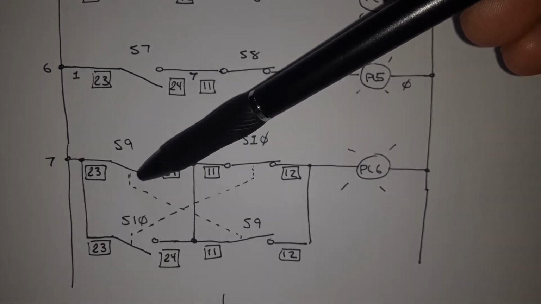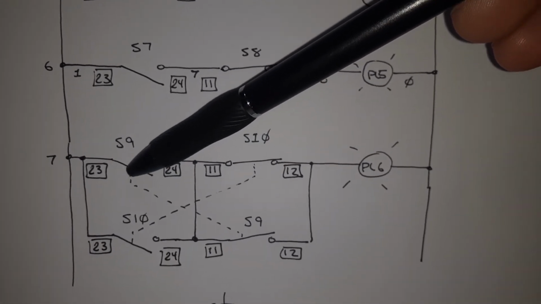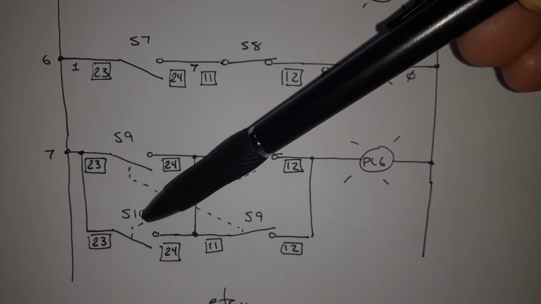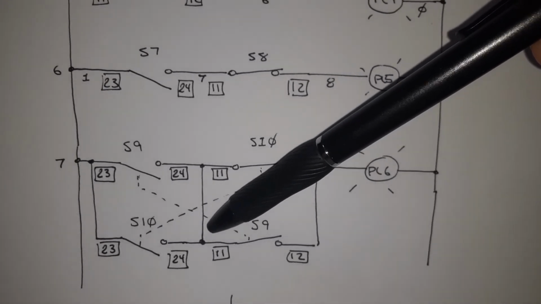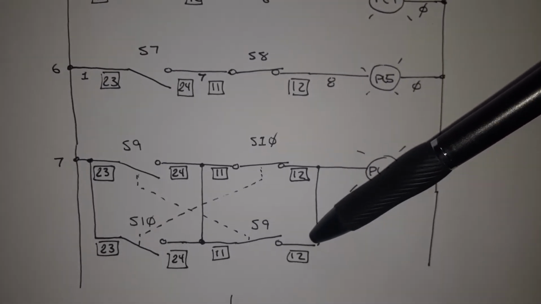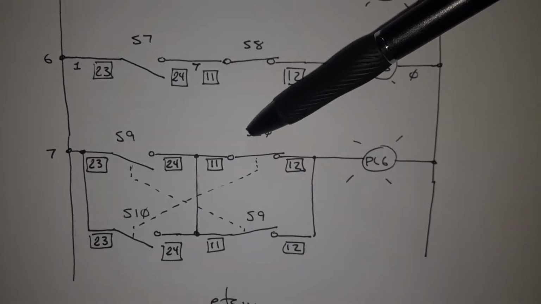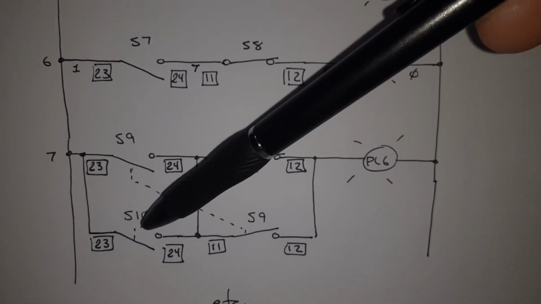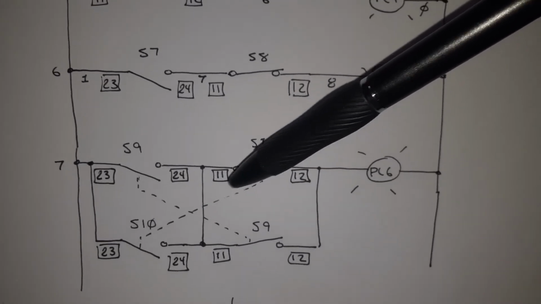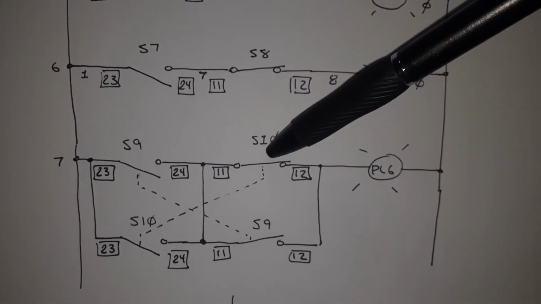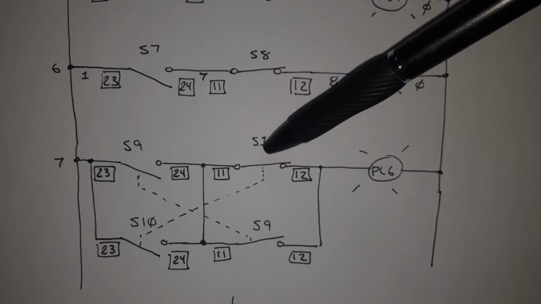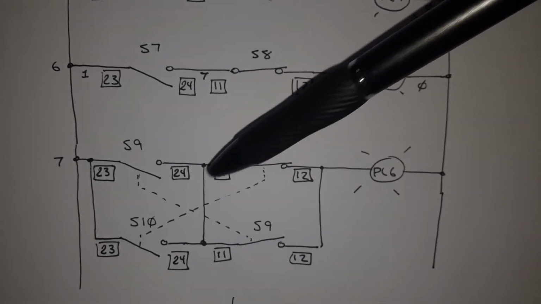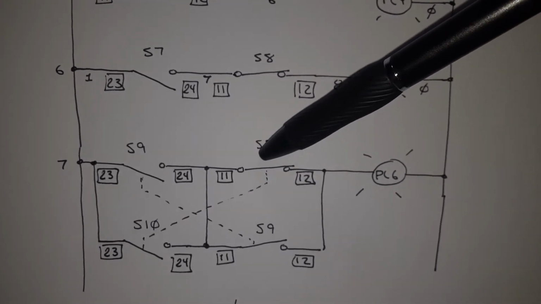When I turn the switch off, it's going to go through switch 9 because this will open. So when I see the dotted lines, that's telling me that these two contacts are tied together. I only have one switch number 10, so if I close this one, I open this one.